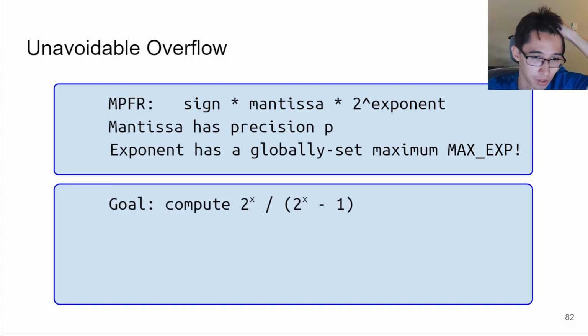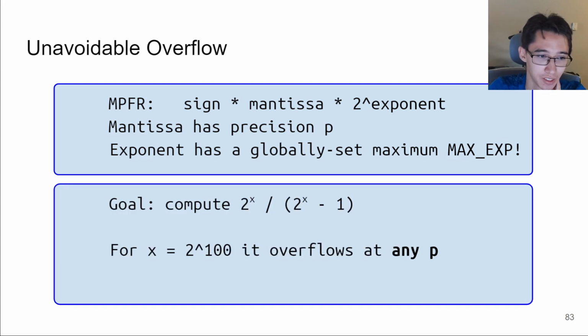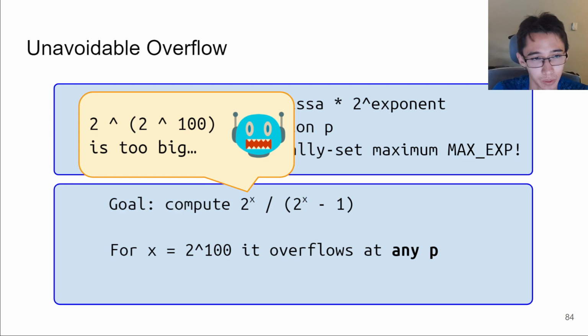So if we're computing 2^x / (2^x - 1), for x is 2^100, this computation actually overflows at any precision. The reason is that, depending on our exponent, 2^(2^100) is too big because it overflows even in the exponent. And no matter how much we increase the precision, we won't be able to represent this number.